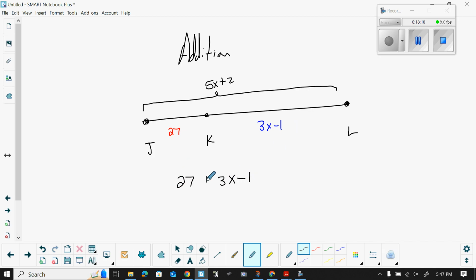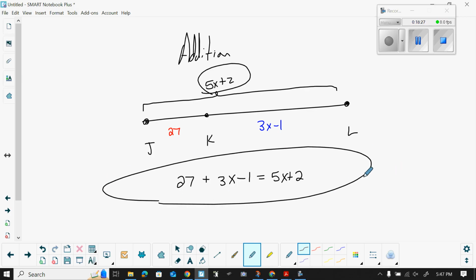I should be able to add them together, and I know what they're going to equal. They're going to equal the whole segment. What is the whole segment? 5x plus 2. Now, we're not going to solve this, but this is how addition makes sense in a problem that has geometry.